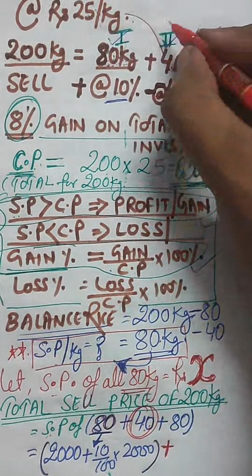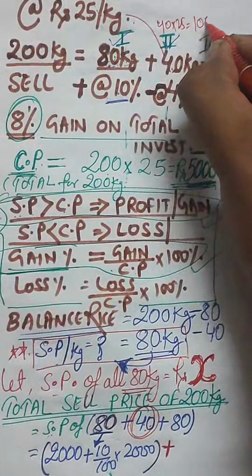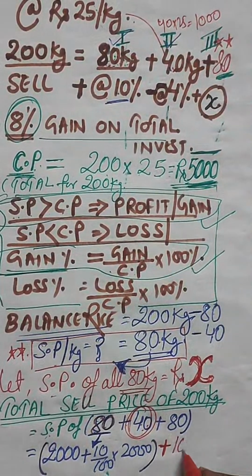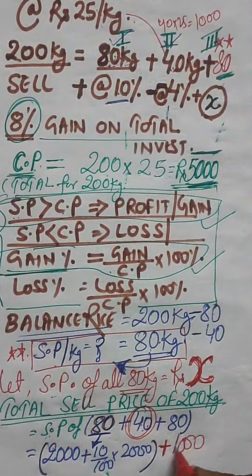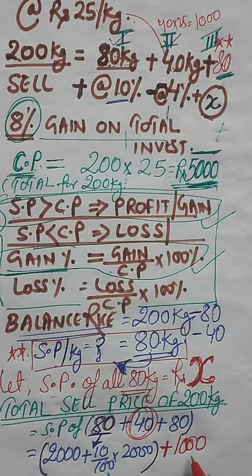So this will give you 1000, right? 1000 is the cost price to the grocer. This is the amount he invested in purchasing it from the wholesale.